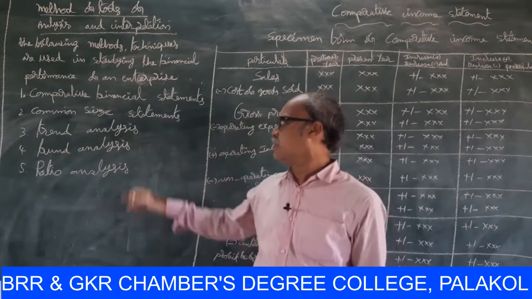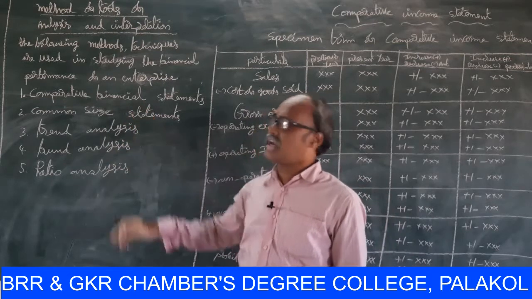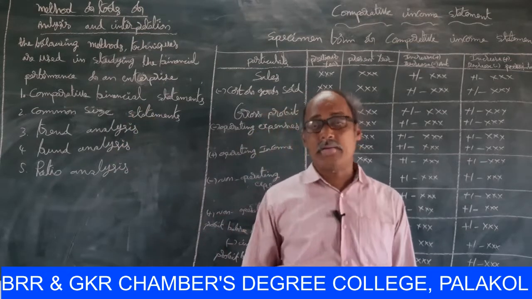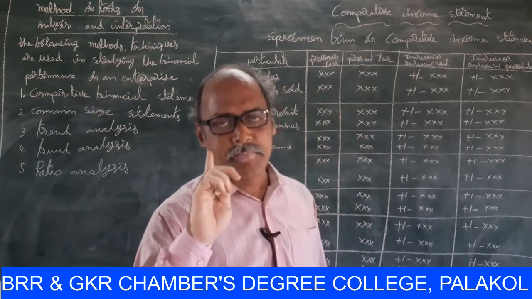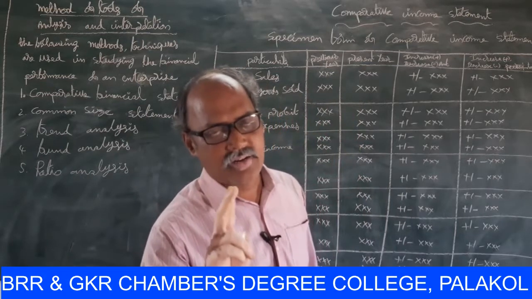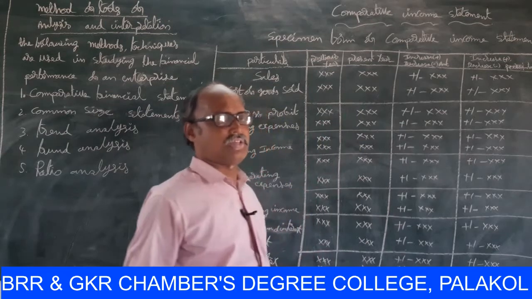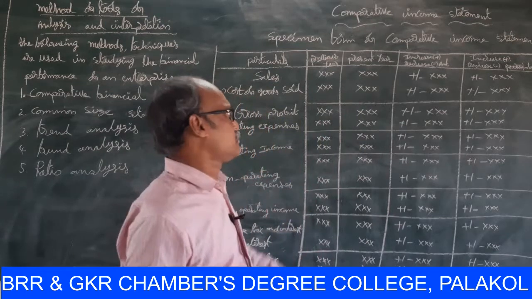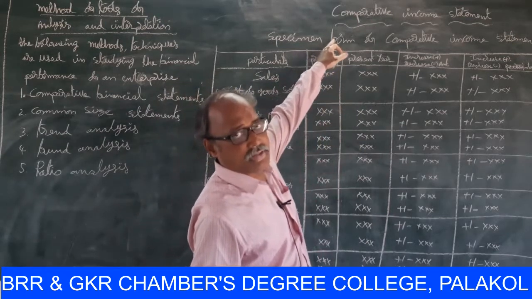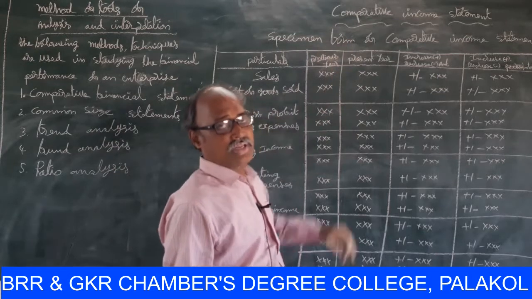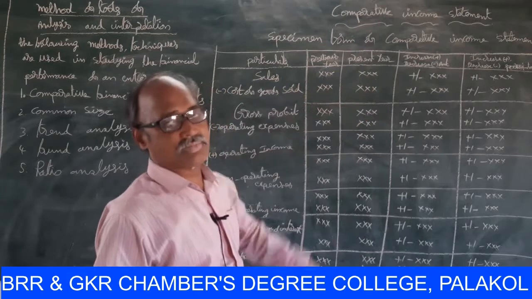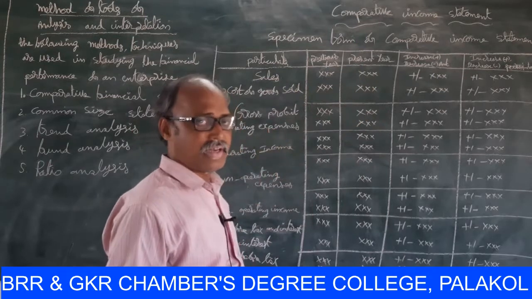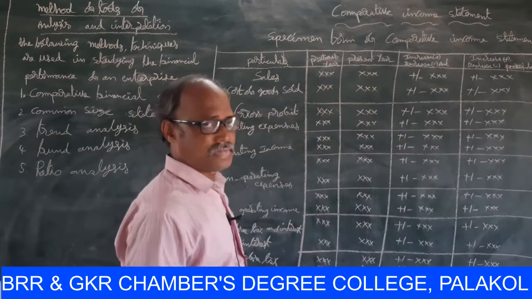Look at that. First one, comparative financial statements. They are 2 types: comparative income statement and comparative balance sheet. First one is comparative income statement. The specimen form of comparative income statement has 5 columns.